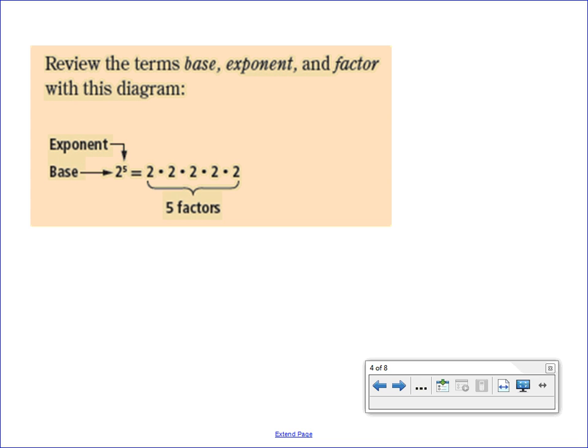So the whole thing is a power. The little superscript number right there, we know that's the exponent.